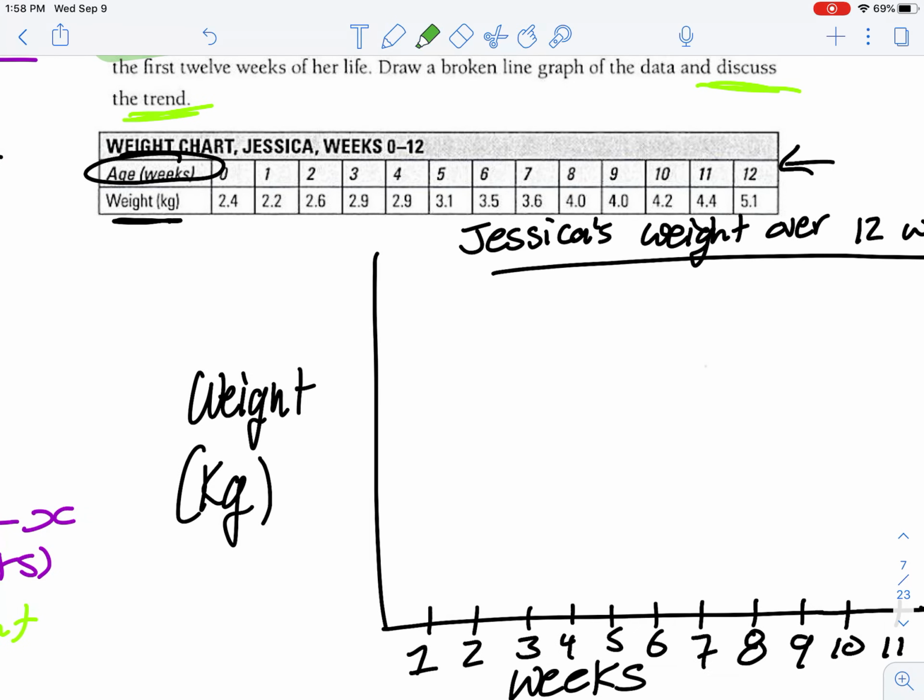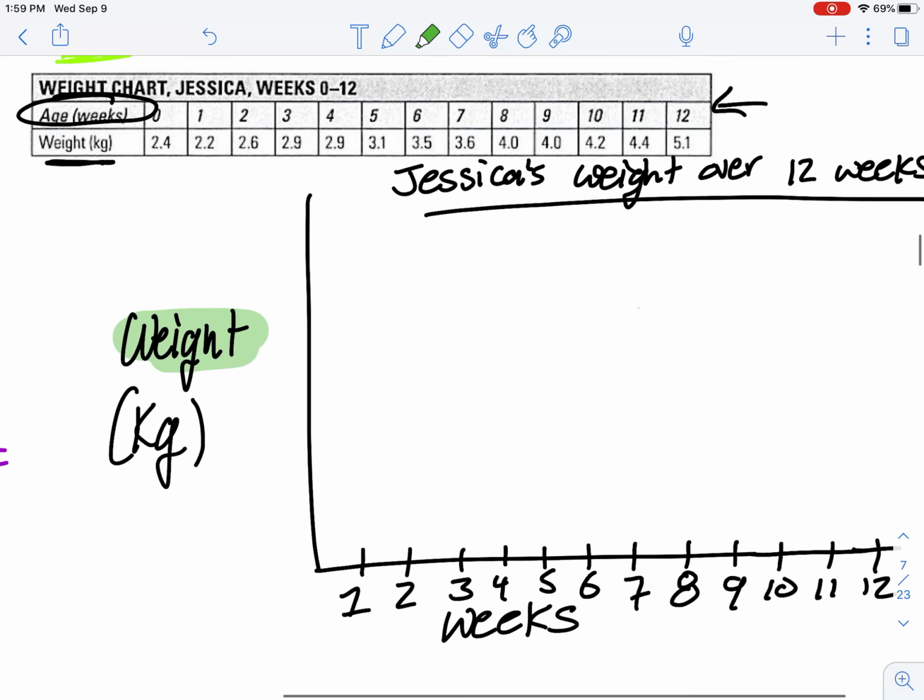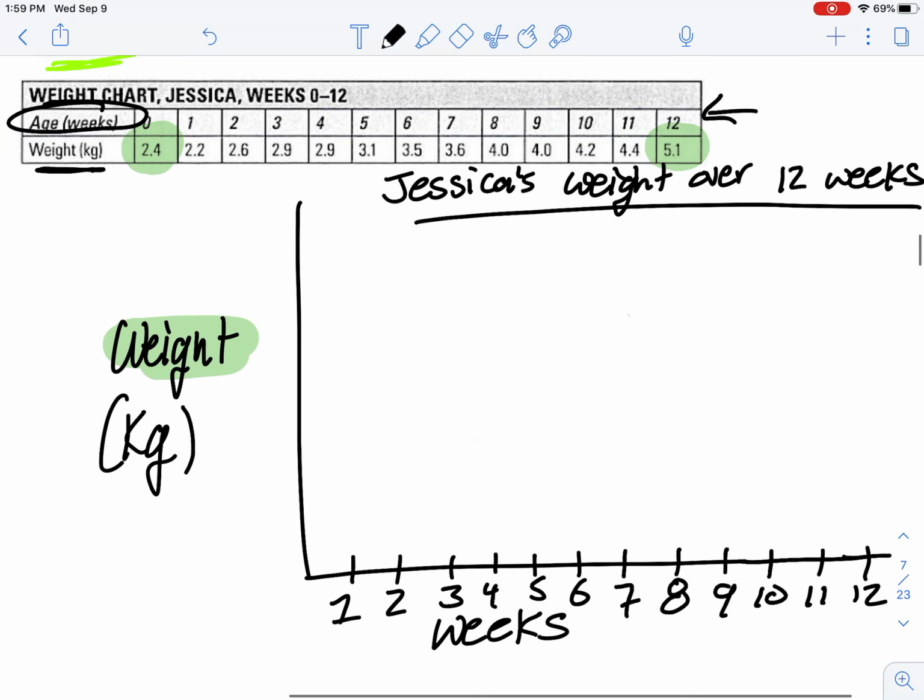Now let's focus on our weight. For our weight, what's the smallest number? We're dealing with 2.4, and our largest number is 5.1. And recognize how small some of these jumps are, like 2.4 to 2.2, 2.2 to 2.6. I need to be at least going up to 5.5, so I'm going to go up by 0.5s.